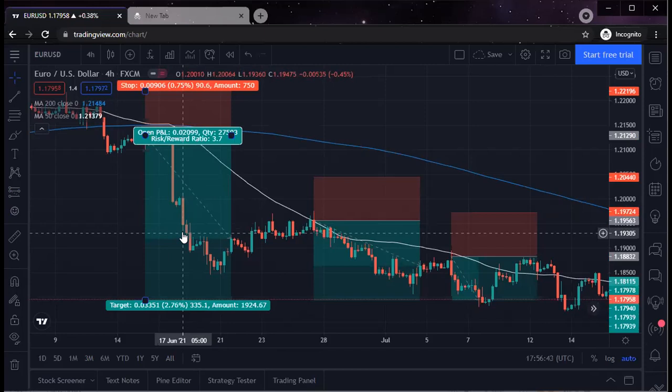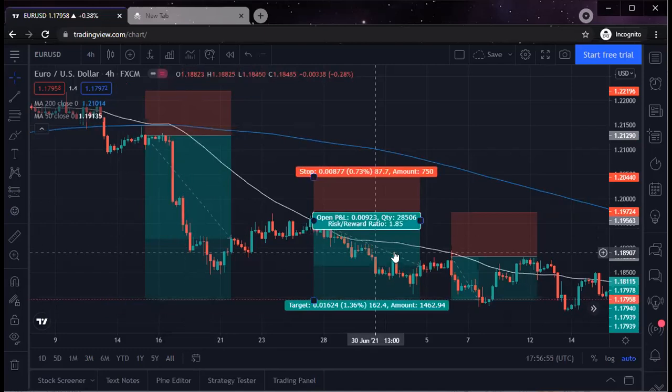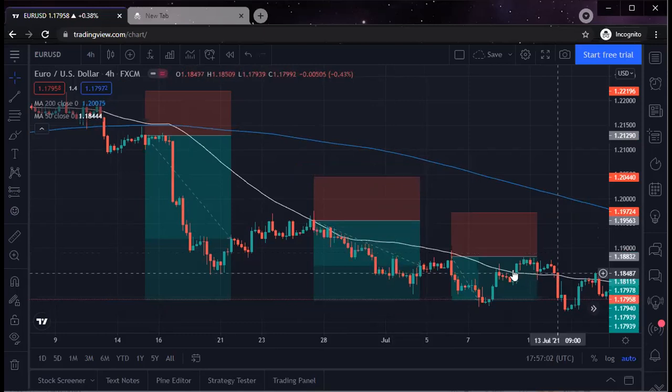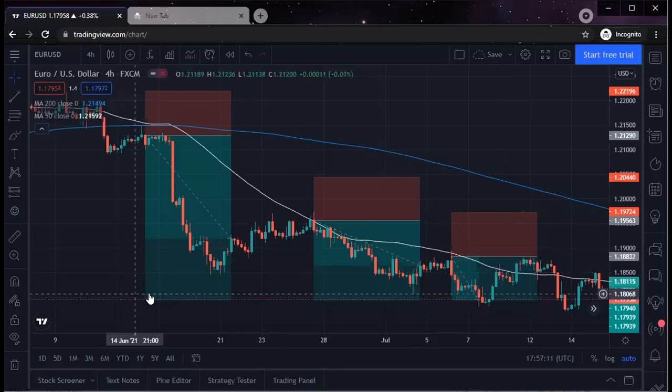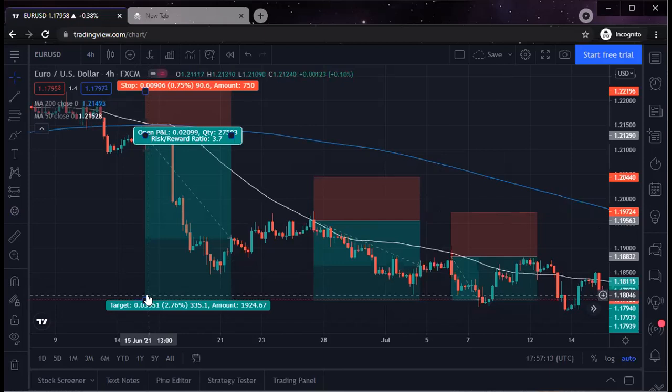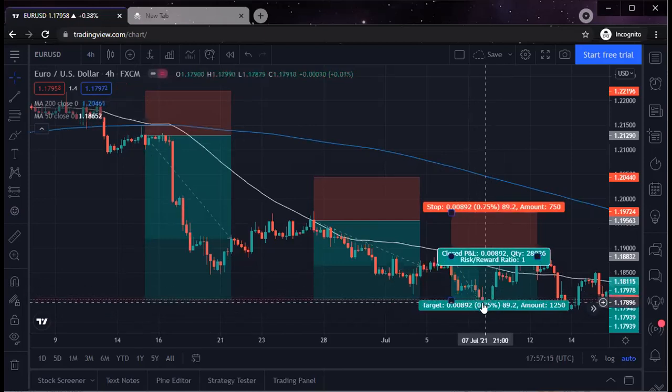All of you should open your calculators. 335 pips. 335, plus this is 162, plus 162, plus 89, plus 89. That is 586 pips from 15th of June all the way to 7th of July.